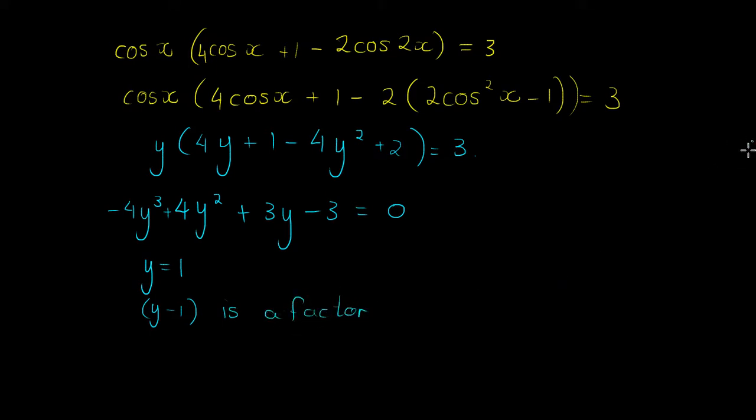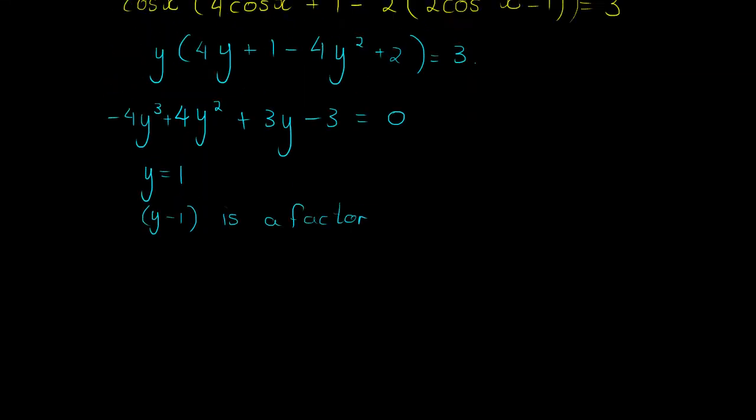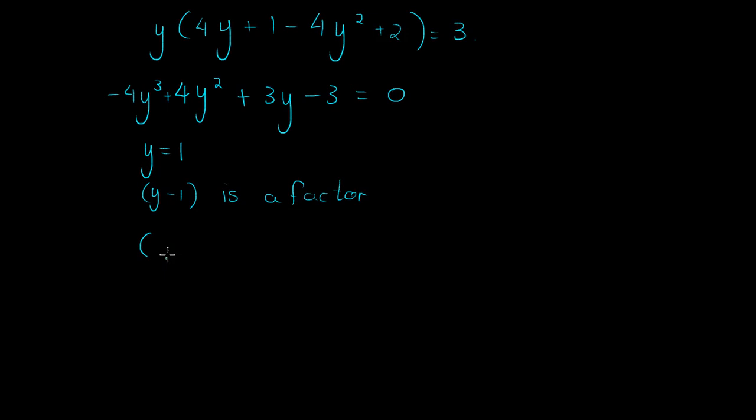And then we just substitute that into the solution. So I've got y minus 1, and then what's left over is y times negative 4. Actually, let's just rewrite this quickly. Let's make this 4y cubed minus 4y minus 3y plus 3 is equal to 0.